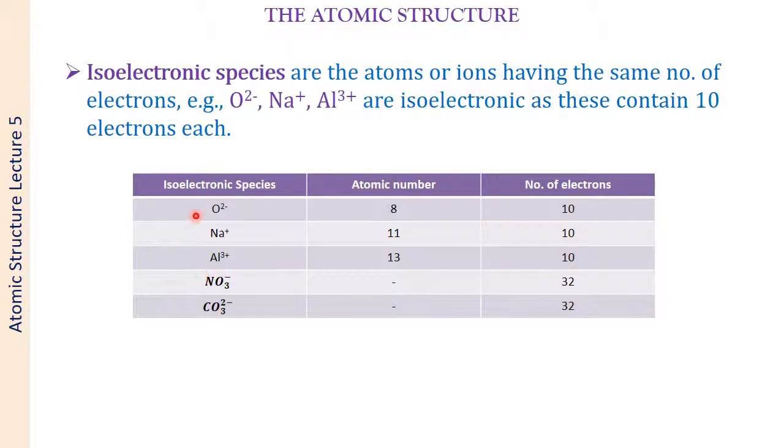It is not only in the case of single atoms, the ion can be formed by the union of atoms of different elements also. We have nitrate ion, we have carbonate ion. Try calculating the number of electrons in them. You will find that they are 32 in case of both of them. So these two are also isoelectronic species.